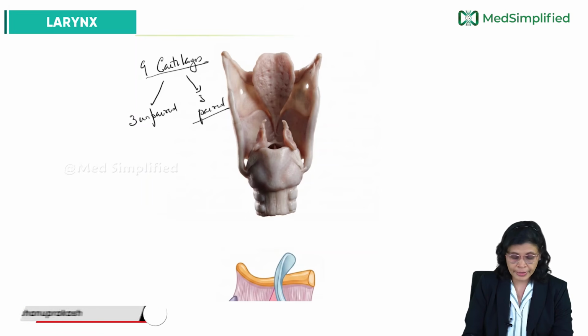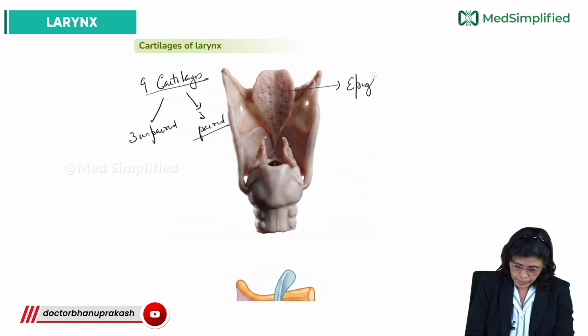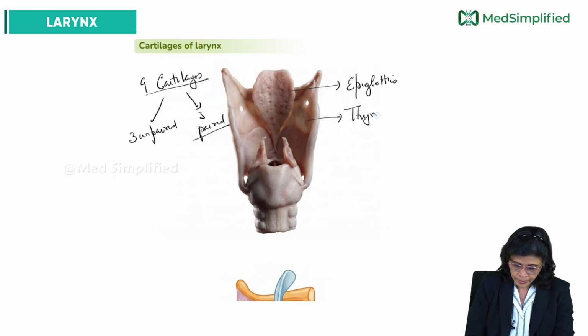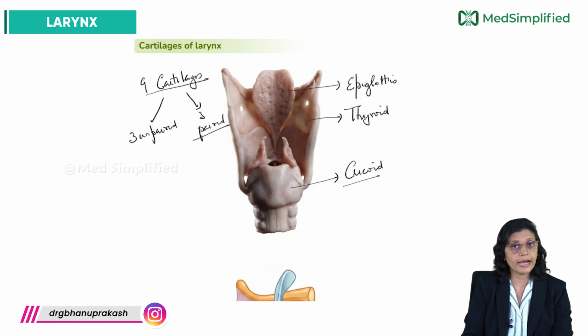The unpaired cartilages are the epiglottis, the thyroid cartilage, and the cricoid cartilage. These 3 cartilages are unpaired, they are single.